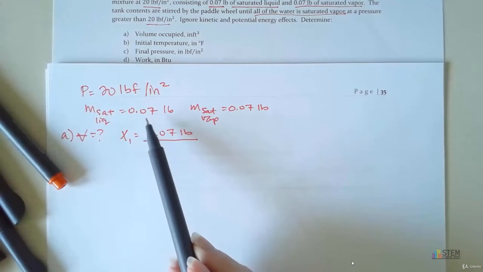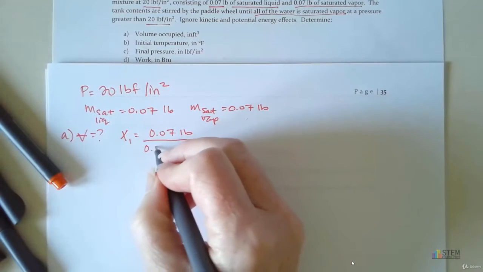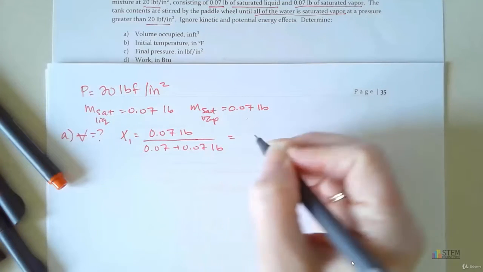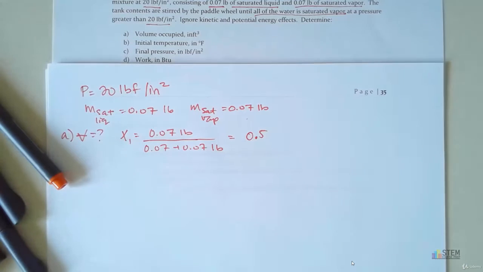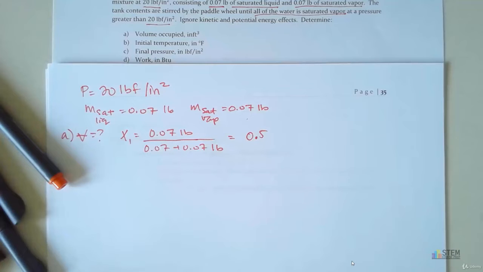So here the total mass is going to be 0.07 plus 0.07. So obviously quality is going to be 0.5. And you could have determined that just by looking at these numbers. It's half and half, right? So quality would give you 0.5 because it's 50% vapor.